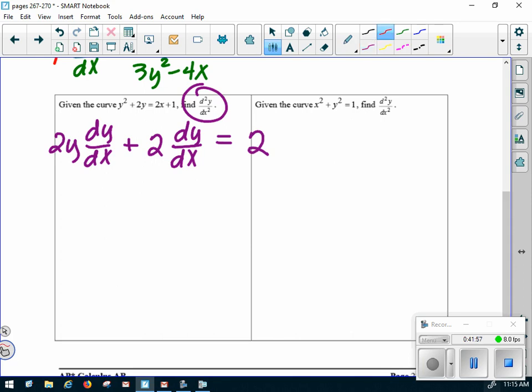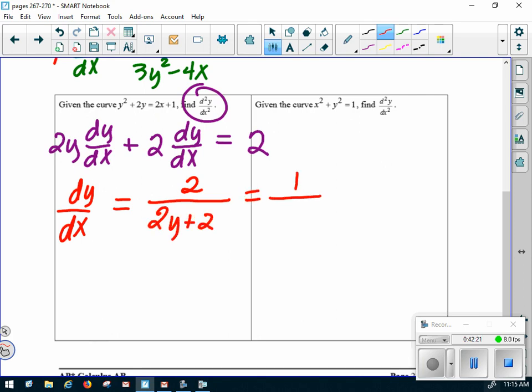Not now, don't do it now. We're going to put that in an easier form. Just work with me here. Can you get dy dx by itself and do that in your head? 2 over what? 2y plus 2, 1 over y plus 1, yeah.